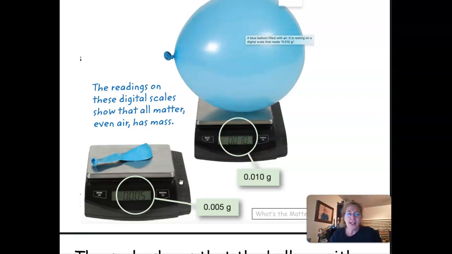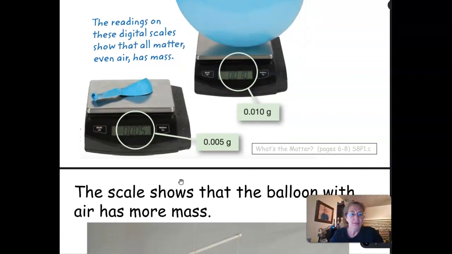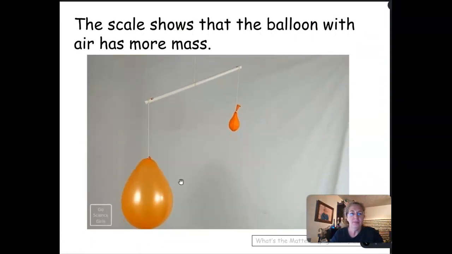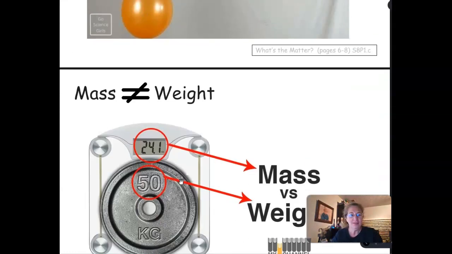The balloon that's not blown up has 0.005 grams, and the one on the right that has air in it has 0.1 grams.